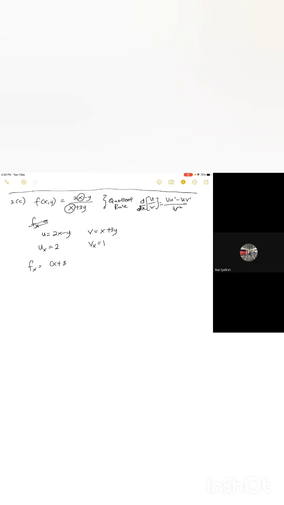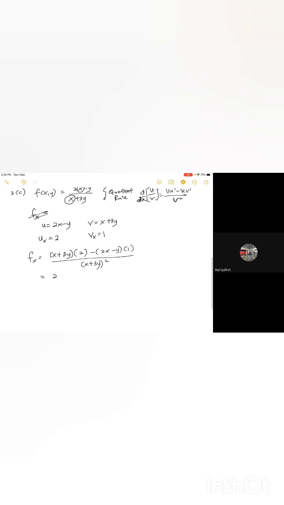So (x plus 3y) times 2 minus (2x minus y) times 1 over v squared. V squared is (x plus 3y) squared. Okay, so simplify whichever you can simplify.